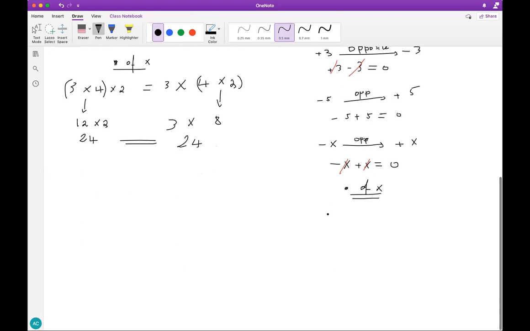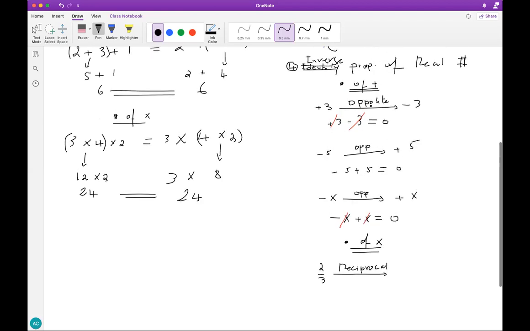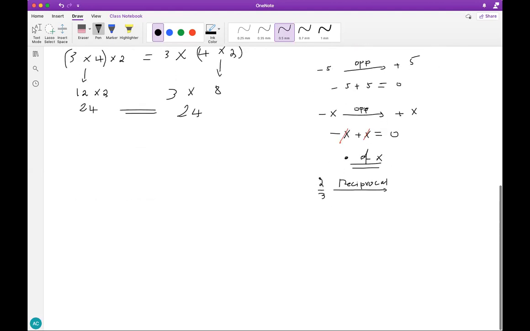So basically what you do here, you take, let's say, a fraction or a number, could be another type of real number, and then you get what we call the reciprocal. Not the opposite. The opposite is when you flip the sign. The reciprocal is when you flip the number or the fraction upside down. What is the reciprocal of 2 over 3?